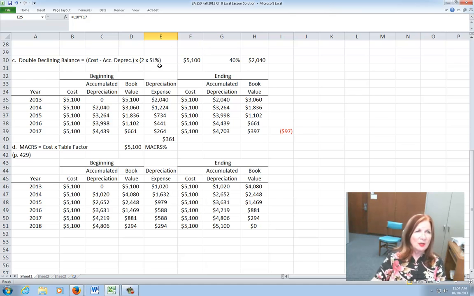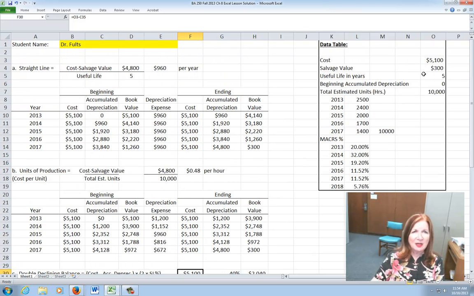So when we look here at the first amount, cost minus accumulated depreciation, you can see that beginning accumulated depreciation is 0.